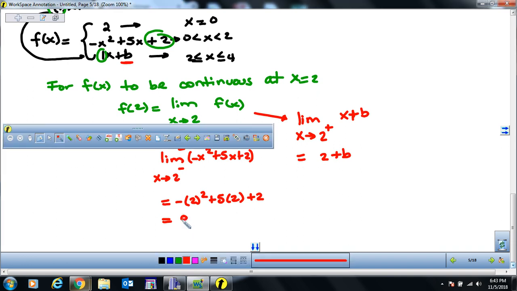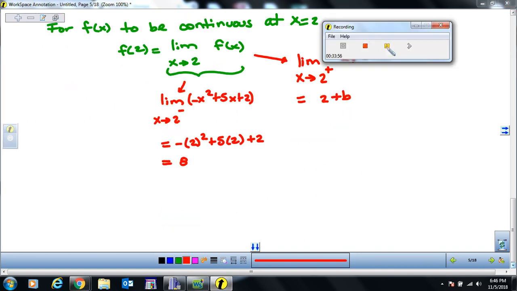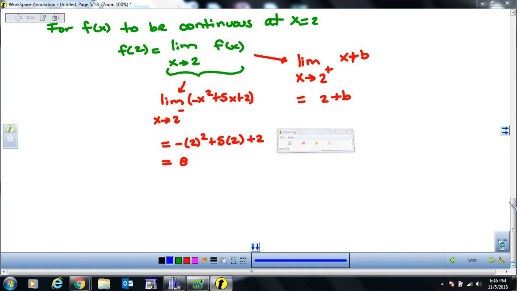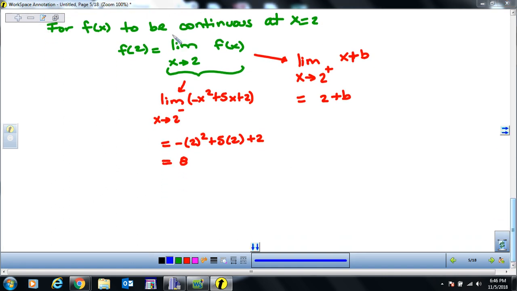What I have to do next is go back to where I started, where I wanted to say that this was equal to all this, right? So what's f of 2?